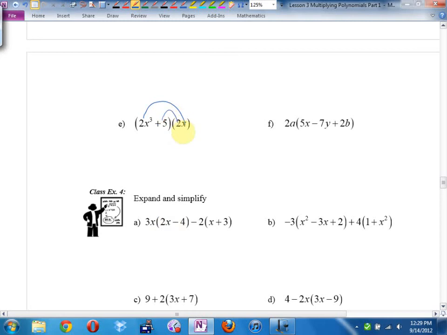Looked weird, but it's not too bad. 2x cubed times 2x, I'm thinking 4x to the 4th, yes? And then positive 5. You notice how I say positive because there's a plus sign in front of it? That reminds me to take care of my positives, negatives, be careful. Positive 5 times 2x, I'm pretty sure is positive 10x.